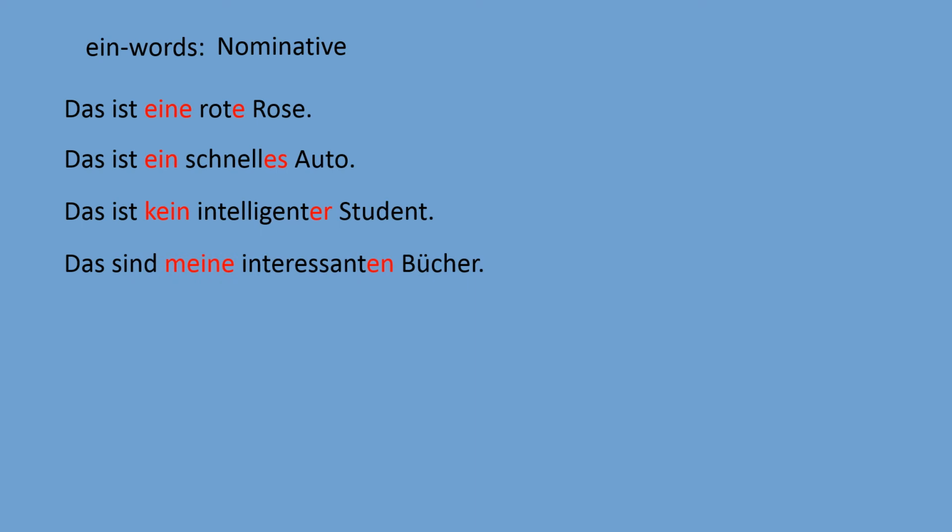So why do we change our endings? What is the purpose? What is the logic of using different endings of adjectives? Look, I can explain it in this way. When we use a noun which is feminine, with a preceding adjective with ending e, let us recall that feminine nouns have the definite article die. So we took the last element from the definite article and we use it with our adjective.